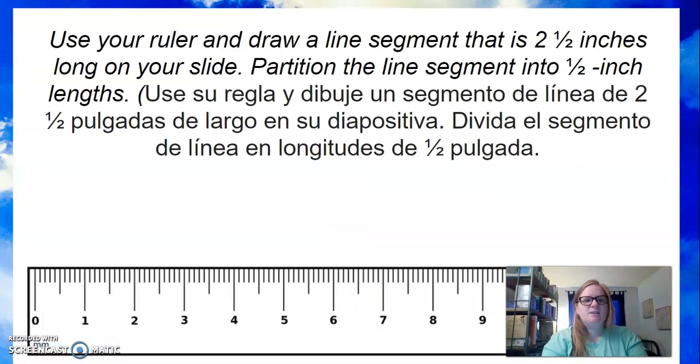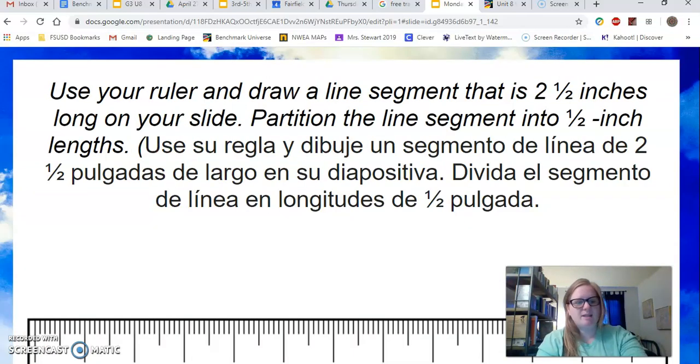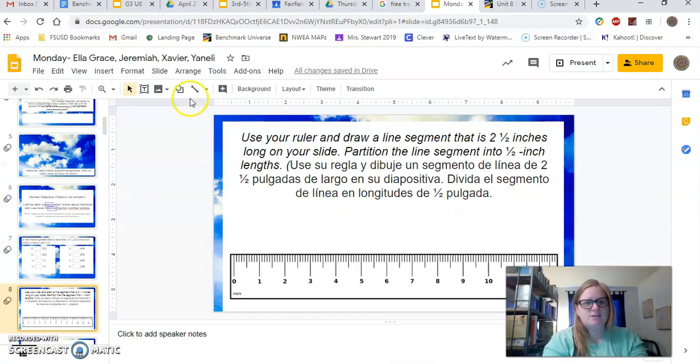All right. So then you're going to use your ruler and draw a line segment that is 2.5 inches long on your slide. Partition the line segment into 1/2 inch lengths. So the way that you're going to do that is you're going to use your line tool up here, okay? And you're going to create it to 2.5 inches. So let me see. I've got 0, 1, 2, and then halfway.